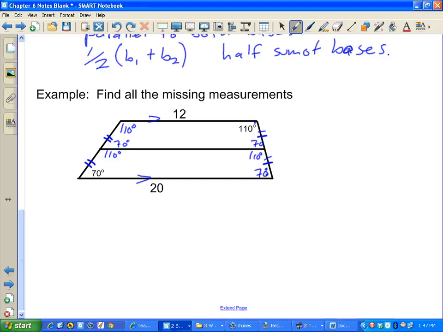So I could just change this marking to represent that. The length of my mid-segment is going to be half the sum of my bases. So if I add my bases together, 12 plus 20 is 32. Half of that is 16. So this segment is 16.